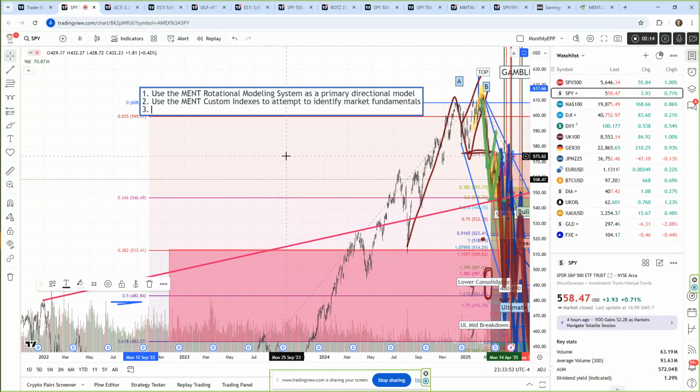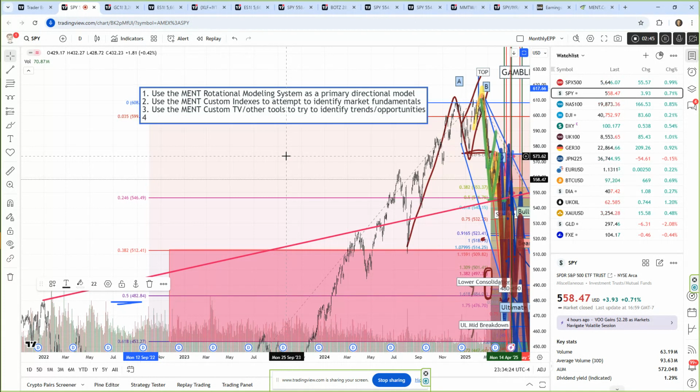Number three, use the Ment custom, let's call them tools, TradingView, and other tools to try to identify trends, opportunities.